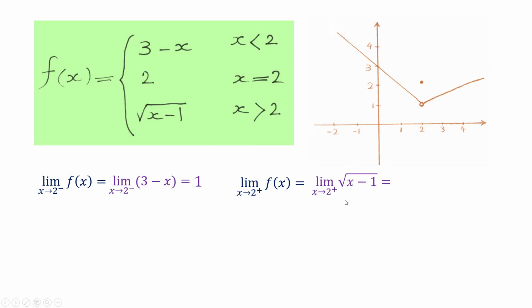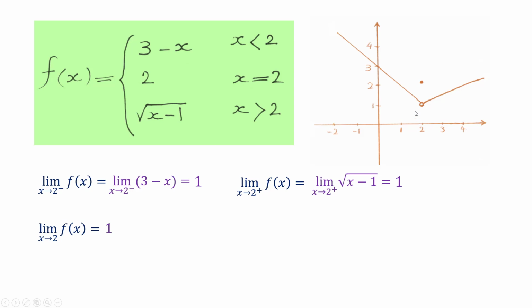If we substitute 2 for x, we have the square root of 2 minus 1. 2 minus 1 is 1. The square root of 1 is equal to 1. So the left limit is equal to 1. The right limit is also equal to 1. And we can conclude that the limit of our function as x approaches 2 is also equal to 1.